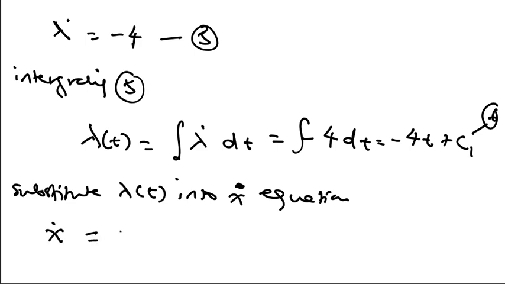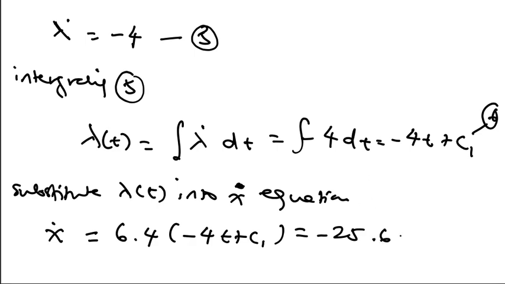X dot equivalent to 6.4 times minus 4t plus C1. So you get something like this, minus 25.6t plus 6.4 C1, call this 7.